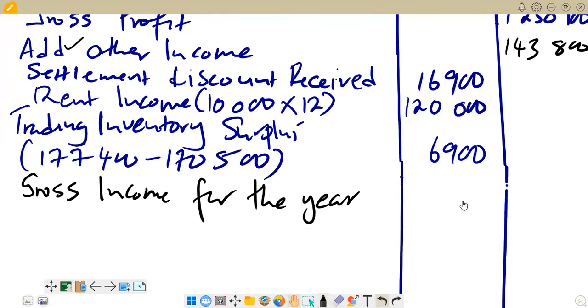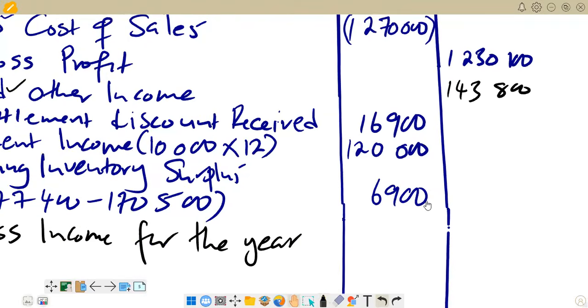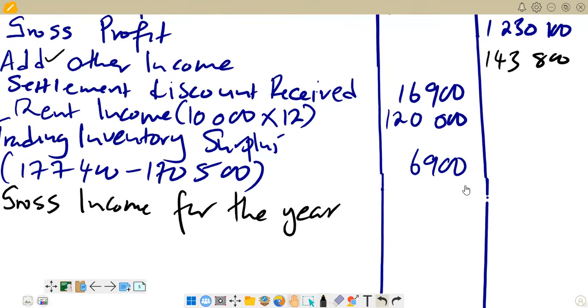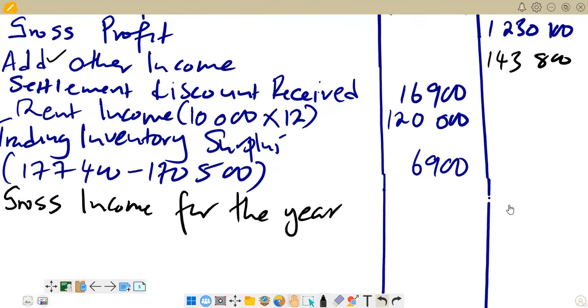And you try to calculate the answer that you get there. The answer will come there in line with gross income for the year. So our total, let's try to see, is 1,373,900.